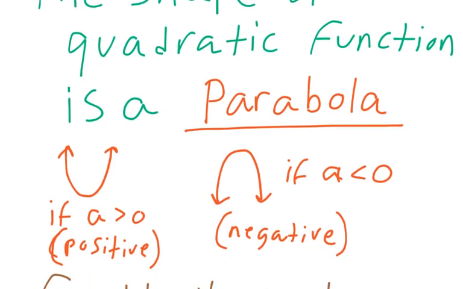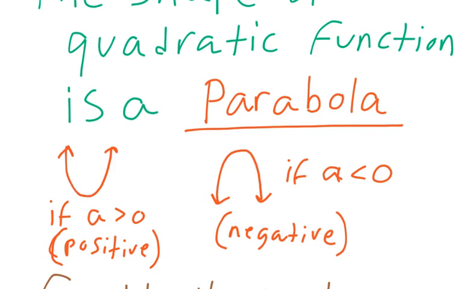They're either facing up, these little U-shaped arcs, or facing down. It all depends on your a term, the part in front of x squared. If that part is positive, think positive, think up: it faces up. If a is less than 0, so negative, it faces down. We'll see that coming up later today and later in the chapter. For now, the shapes look like this.